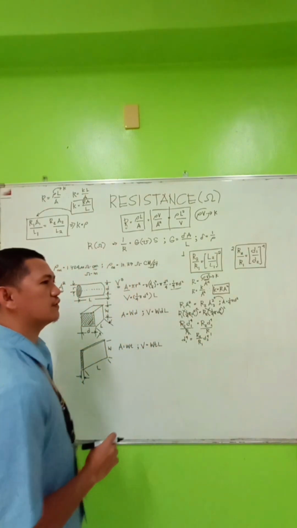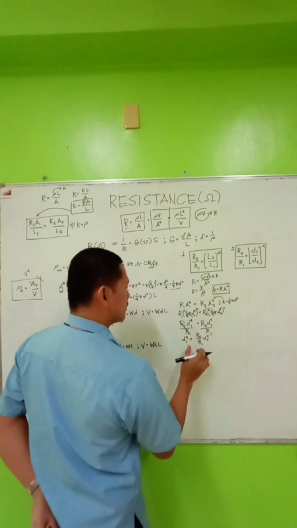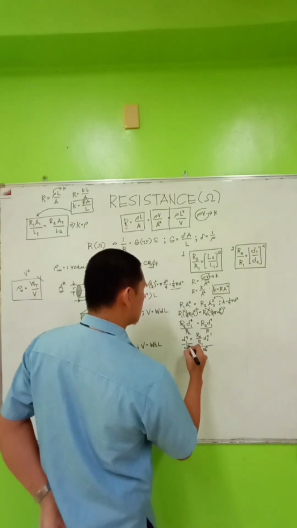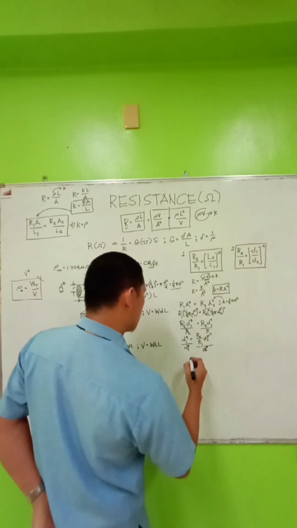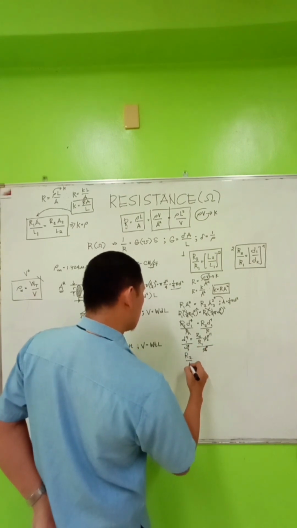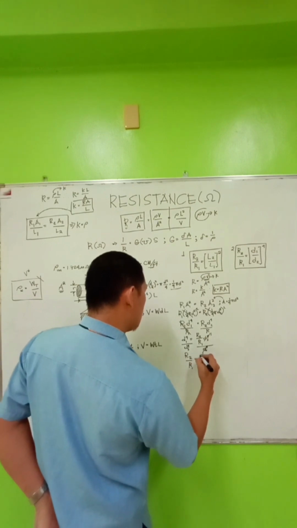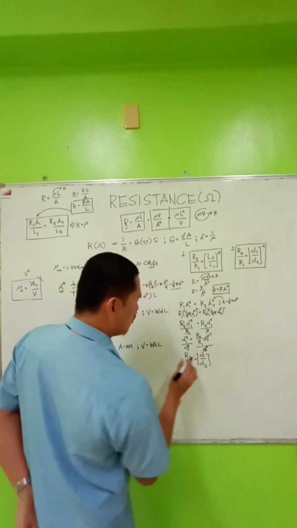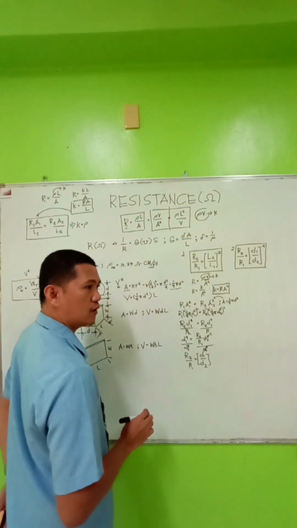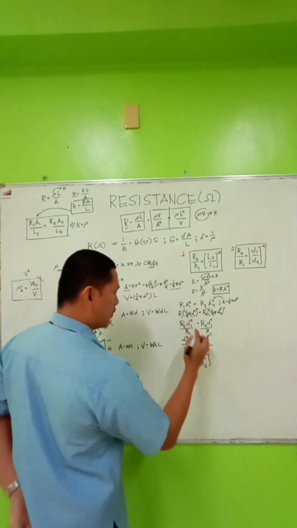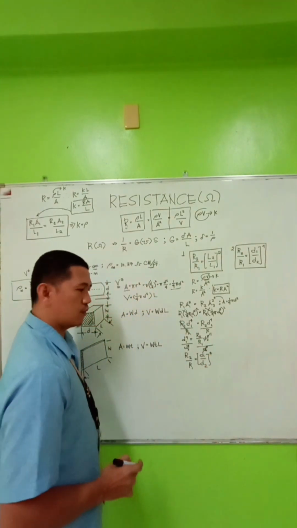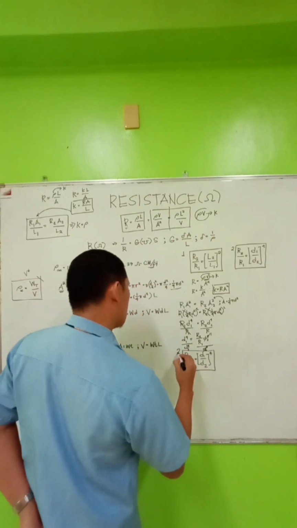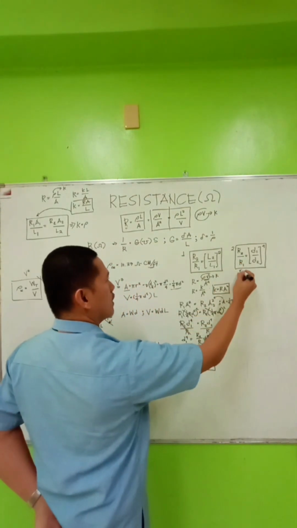If you transfer your second diameter to the other side and cancel out, your formula would be R2 over R1 is equal to D1 over D2. You have the same properties of power, so you can copy the power. So now you have already derived your second formula, which is this one.